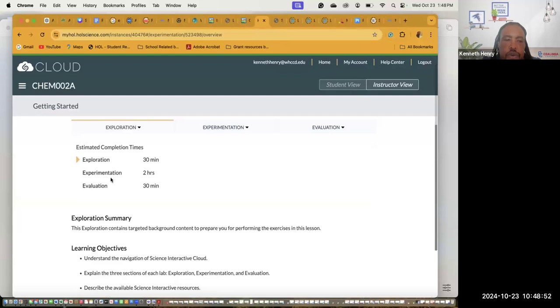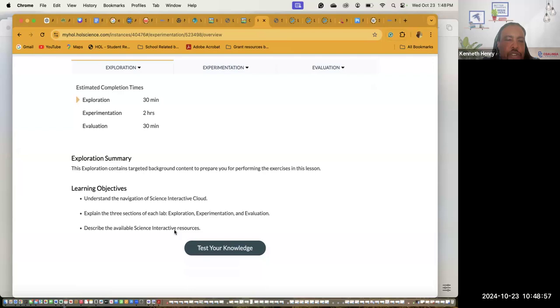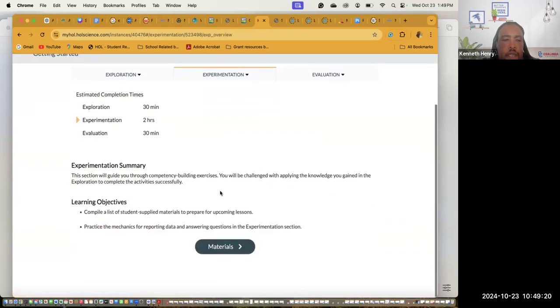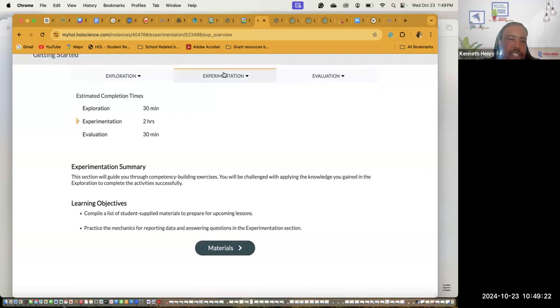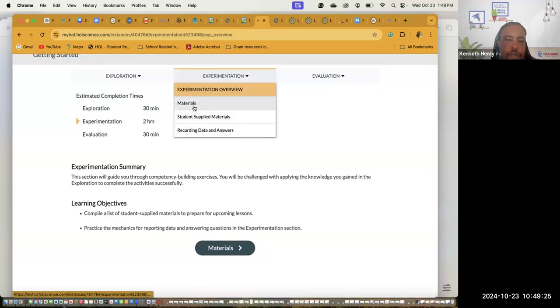Okay, so your 3 parts is your exploration. Exploration basically gives you the information about everything, and it tells you how long it's going to take and how long each of them are going to take. Your labs as a whole typically are going to take you about 3 hours. And it's pretty accurate if you go through everything the way you're supposed to. So make sure you block off that amount of time. The experimental is going to be the bulk of your time.